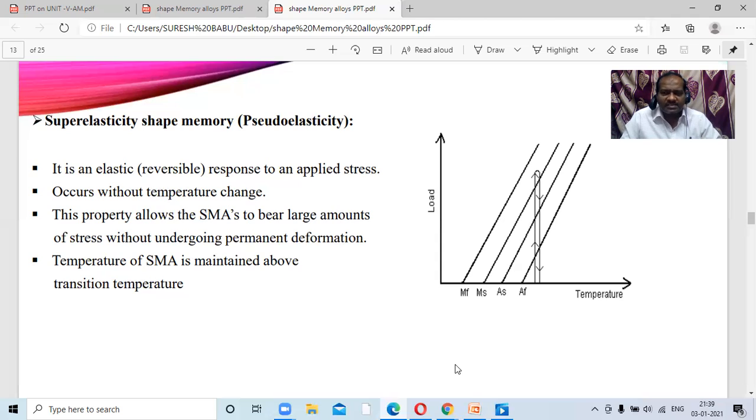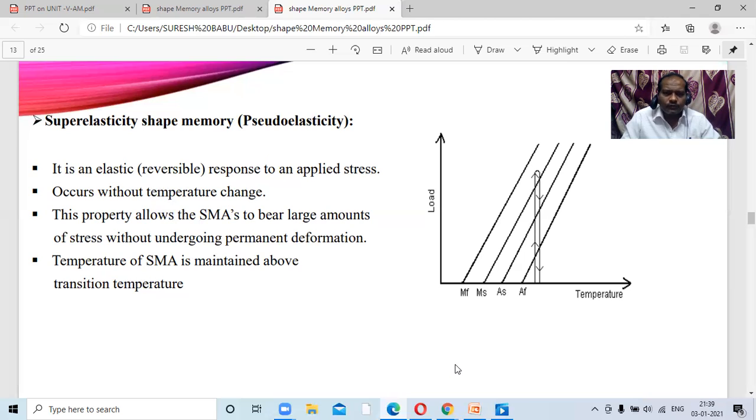What does pseudo elasticity mean? The property of bearing large stresses while at the same time being reversible is called pseudo elasticity. Pseudo elasticity does not depend on the temperature. Pseudo elasticity has the ability to withstand large amounts of loads, or we can say stresses.